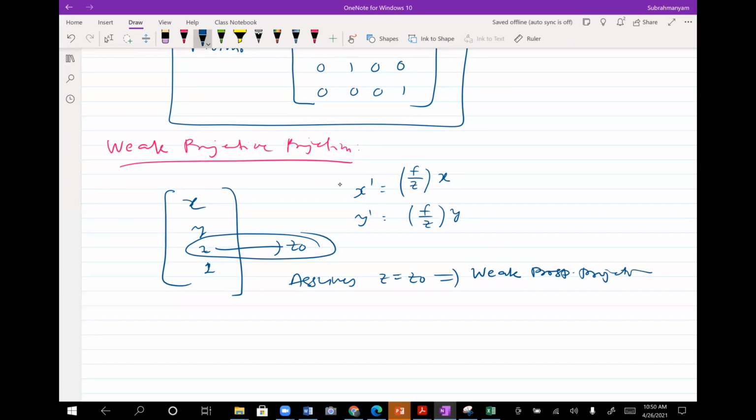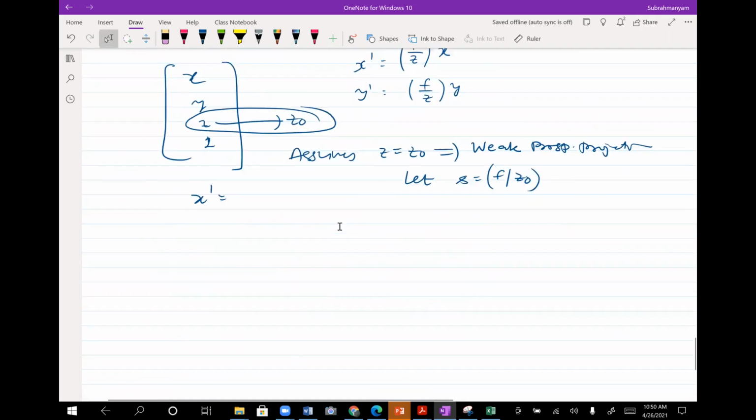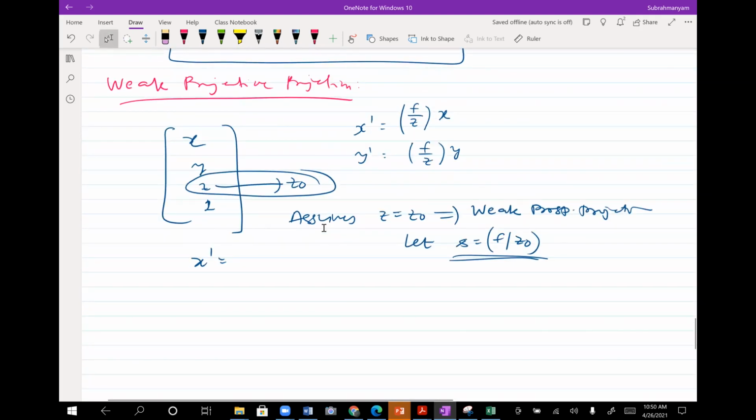So then what would you say? X dash equal to, okay, before that, let me call s equal to f by z naught. Okay, this is no more a variable. Notice here, this z I could treat differently because that z is no more there. So let s equal to f by z naught. So my x dash is equal to s times x, y dash equal to s times y.